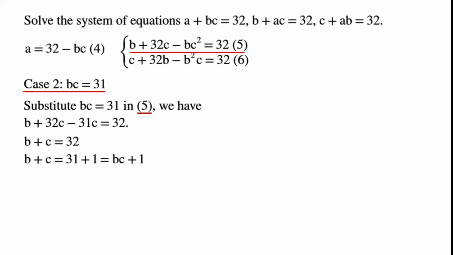We can write 32 as 31 plus 1, which is equal to BC plus 1. By rearranging the equation, we can now write B plus C minus BC minus 1 equals 0.